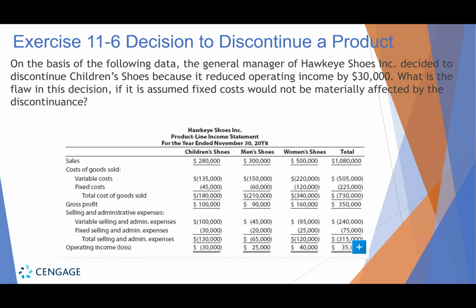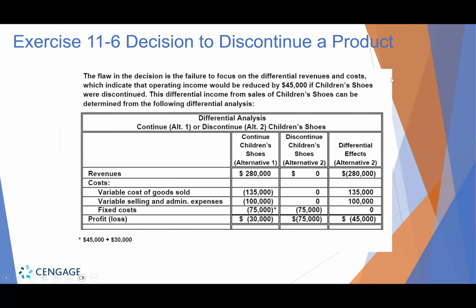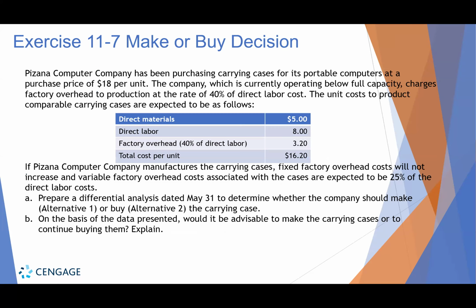Well, again, we know if we continue with the shoes or we discontinue, all of those fixed costs are going to continue. And then we don't have any revenues to offset those fixed costs. So that's really a key here that we continue to look at. Sure, the variable costs, but the fixed costs are there no matter what.